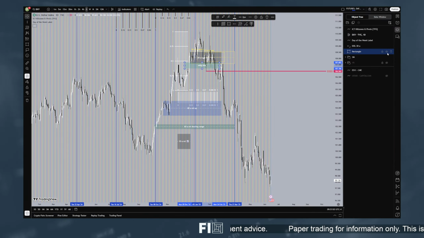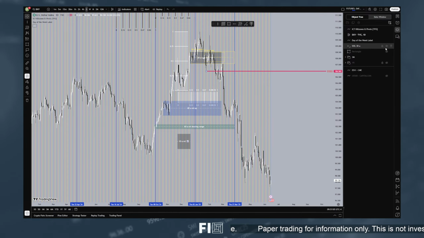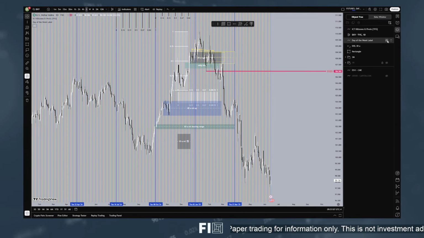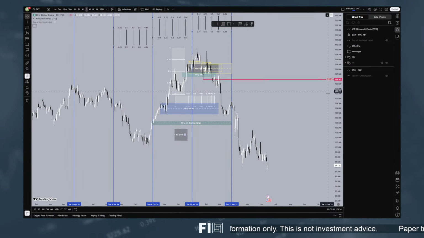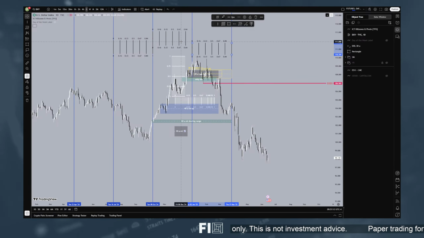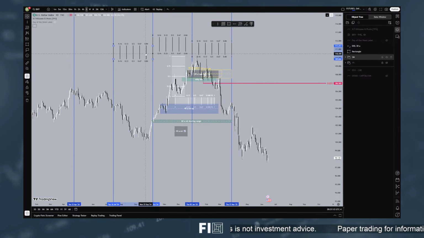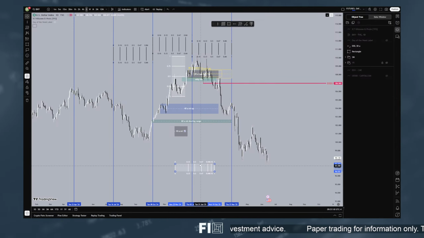So you're in luck because what we're going to see right now is me marking up the charts so that it can be up to date with everything. I'm going to get rid of this now. And we're going to refer to the levels that I believe are the important ones.